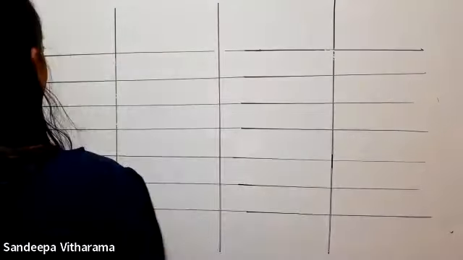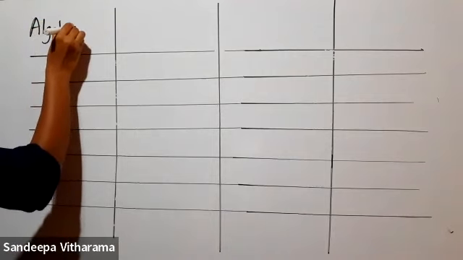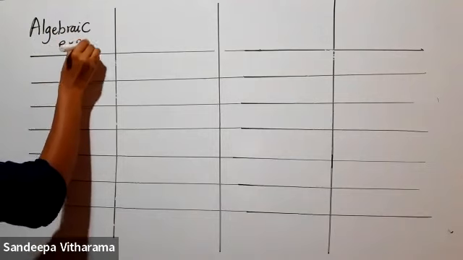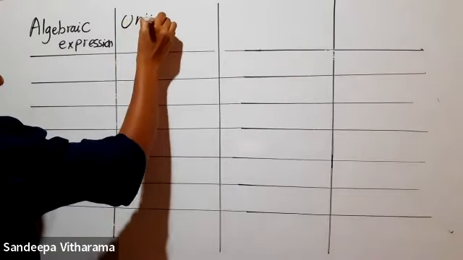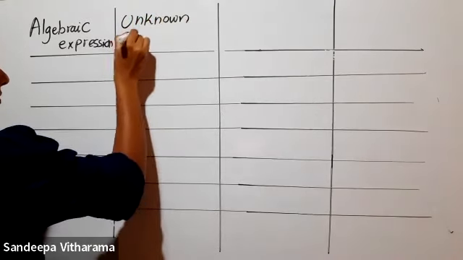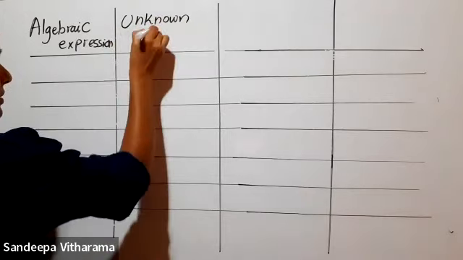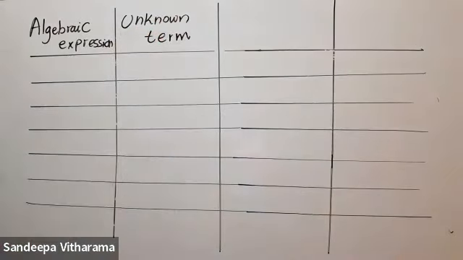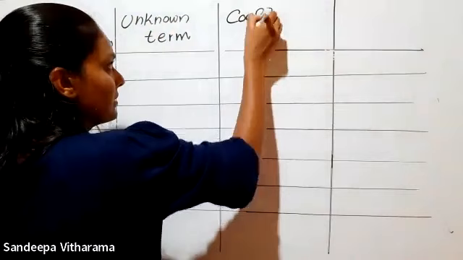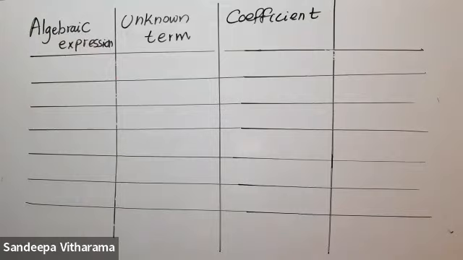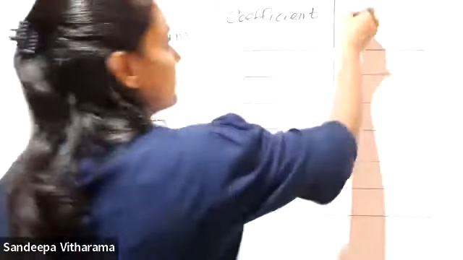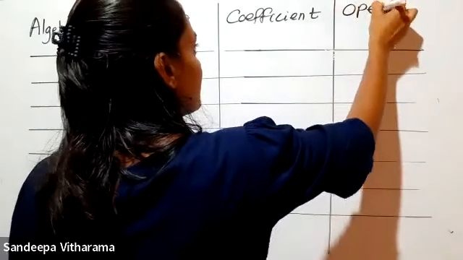First column is algebraic expression. Second column is unknown constant. Unknown term. Coefficient. Operation.